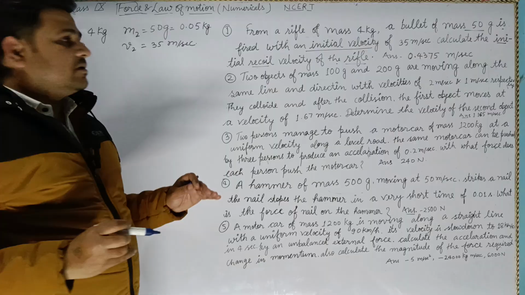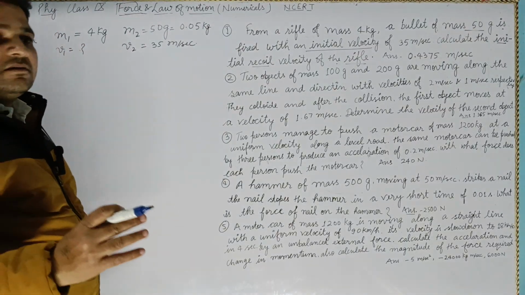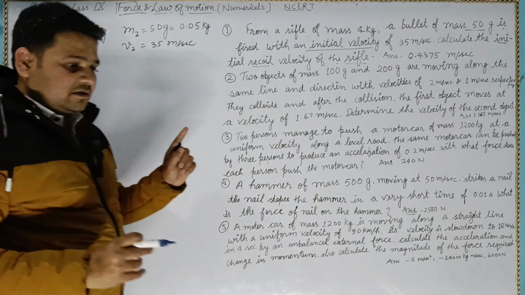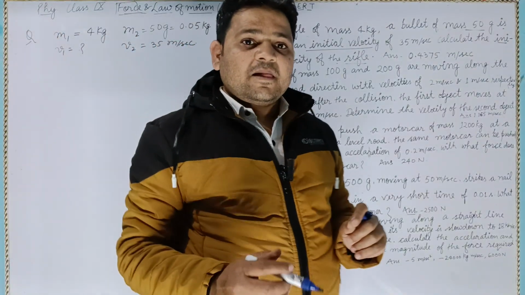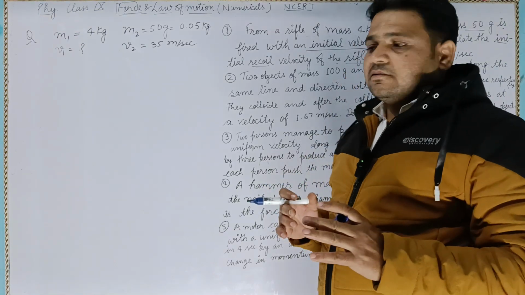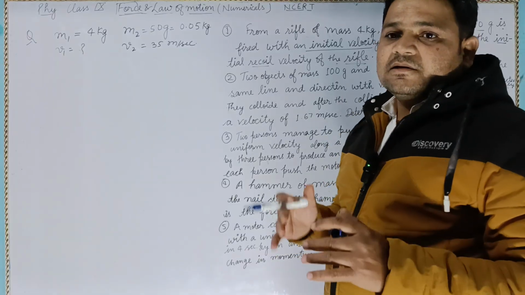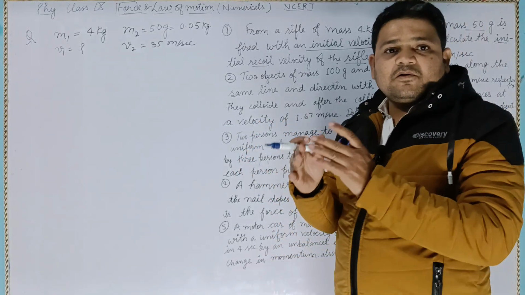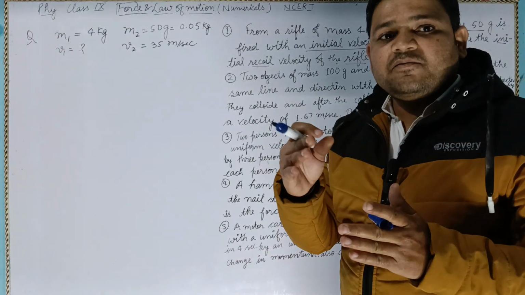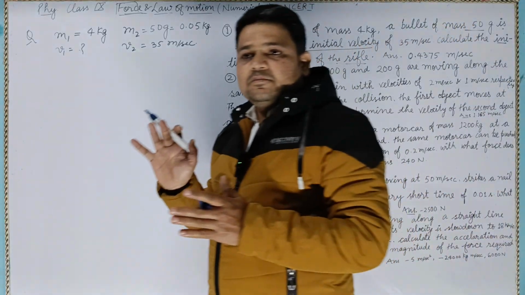In the rest position, when the rifle is not fired, both rifle and bullet are in rest position. So we take the velocity of rifle and bullet as 0.